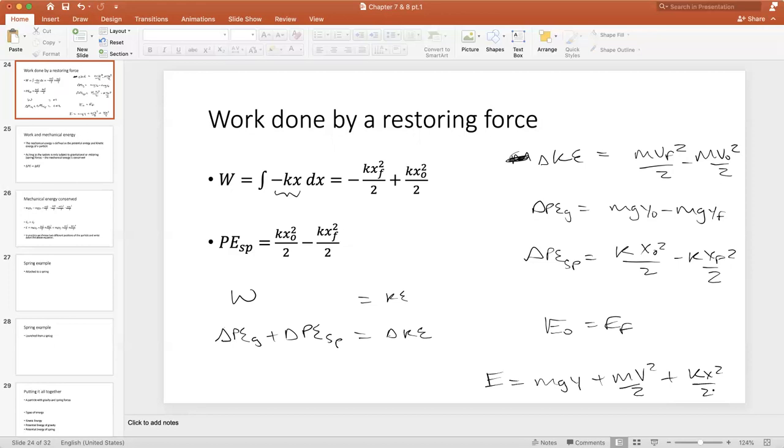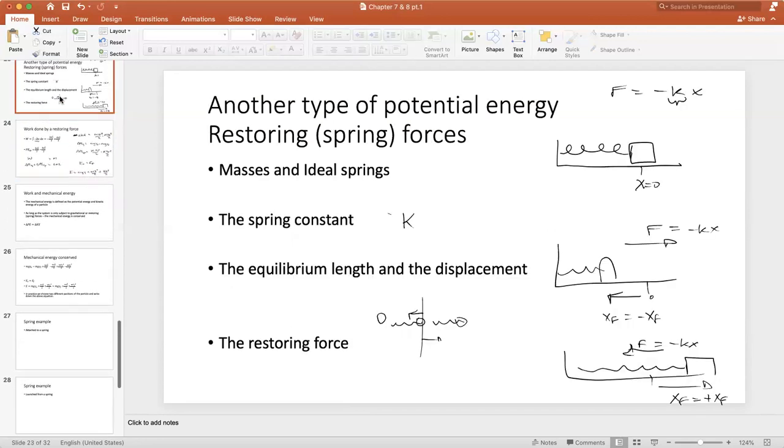As long as we don't have friction, the restoring force also is potential. And that's because if we go back and look, when it's stored here, if it's at rest, it has potential energy kx squared over 2. And if it's here, it has potential energy kx squared over 2. That means that if you let go of it, it would go flying back the other way.